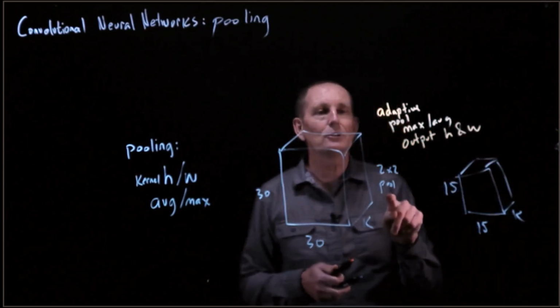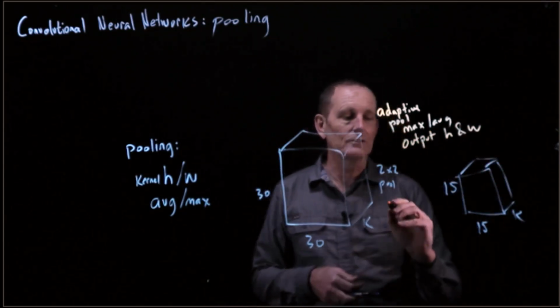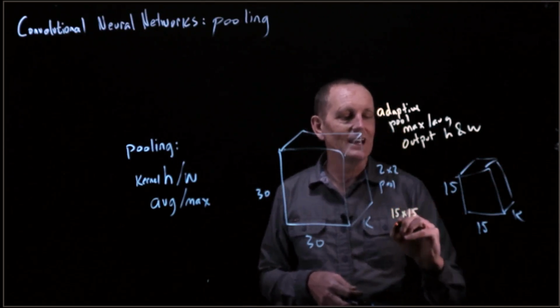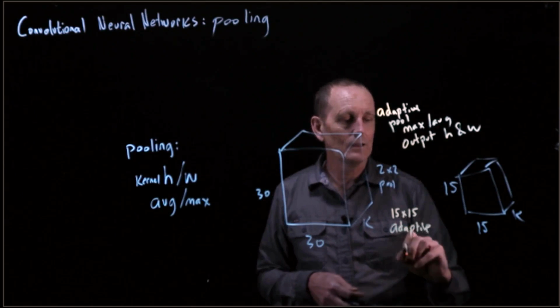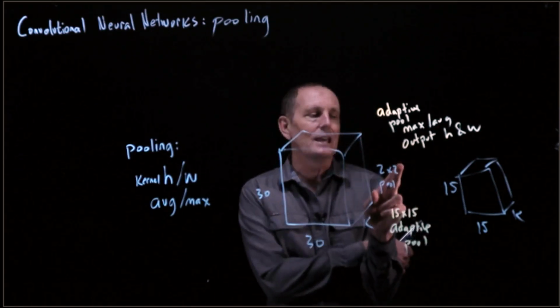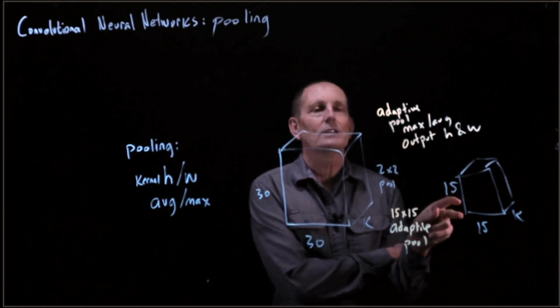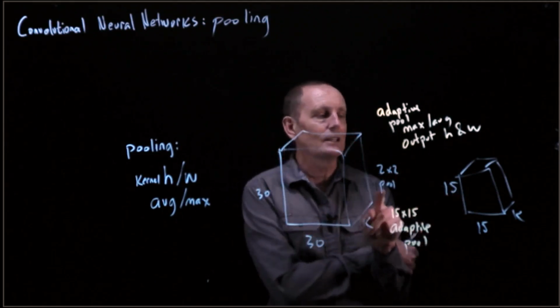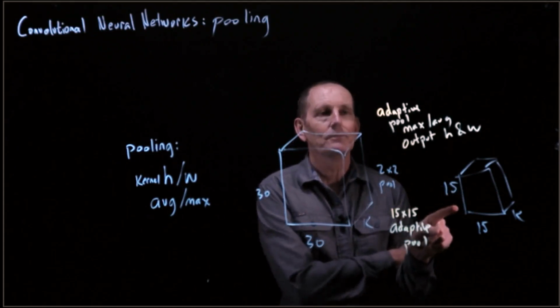So if we're using a 2 by 2 regular pool here, alternatively, we could choose to do a 15 by 15 adaptive pool. These would do the same thing. This one indirectly is saying you're ending up with a 15 by 15, okay? That is assuming the input is 30 by 30. It's going to give you a 15 by 15.